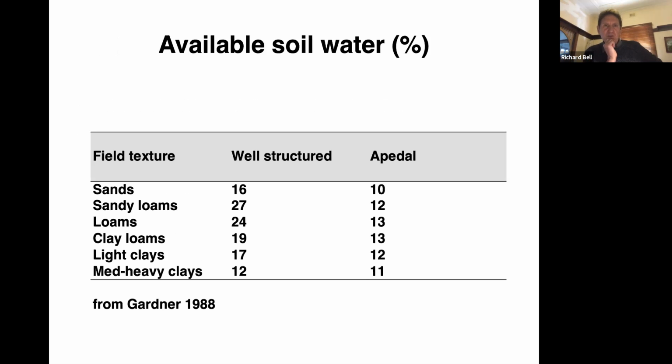Here's an old table from a standard soil physics textbook, just showing how the plant available soil water contents can be improved if you've got good structure. So regardless of the texture, if there's good soil structure with plenty of peds, you can increase the amount of plant available water quite substantially.